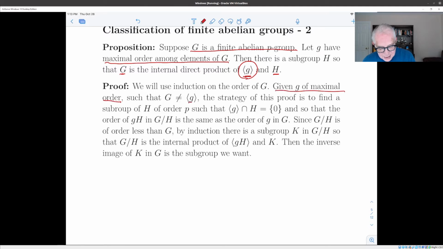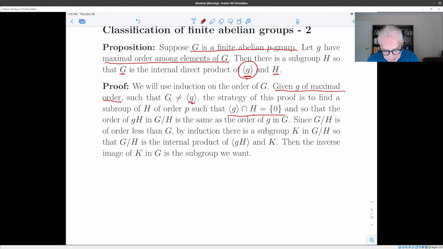If that element generates G, then G is cyclic and we're done, because we can take H to be the trivial group. So what we're going to try to do now is find a subgroup of G of order p which doesn't intersect the cyclic subgroup generated by g.